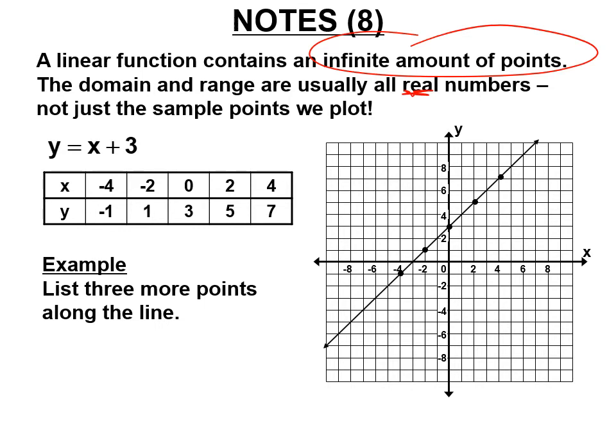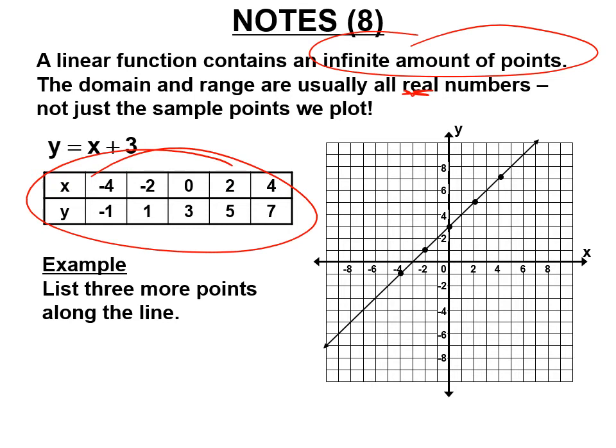There are things called imaginary numbers. But all real, so x could be any number, from -1.5 million to 5 billion.007. It can be any number, and y is the same. So the domain and range are not what you see in the table. The domain and range are all real numbers.